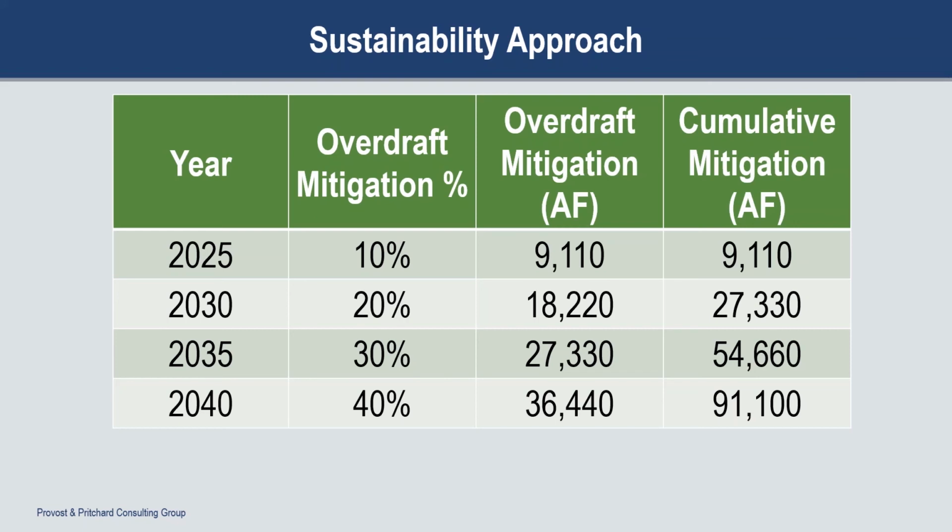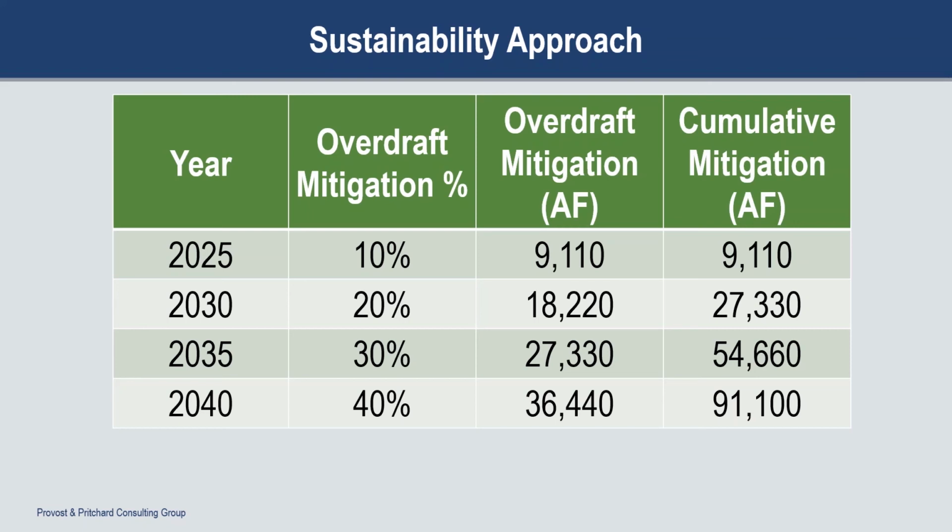So one last slide in this session, just to give a magnitude of numbers. So for the MAGSA GSA, we want to mitigate 10% of the overdraft in the first 5 years. So between 2020 and 2025, we want to reduce the overdraft by 10%, which equals about 9,100 acre feet.